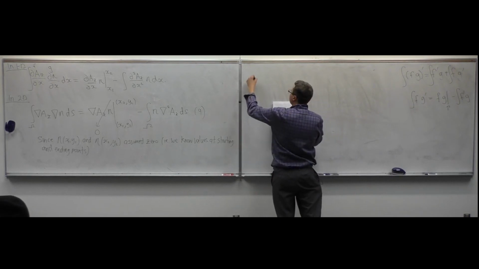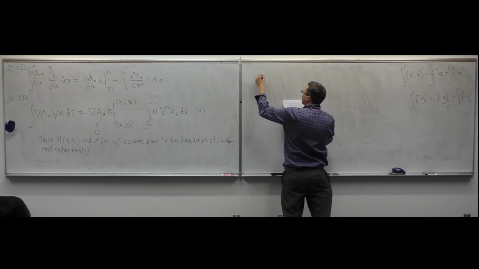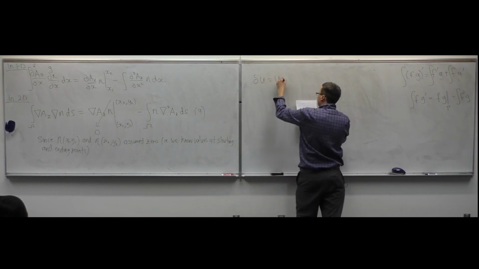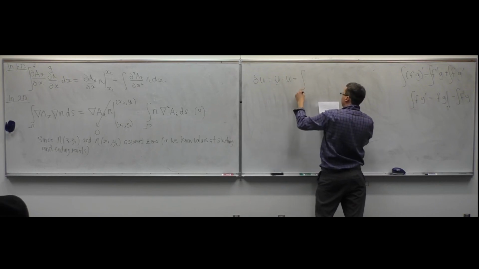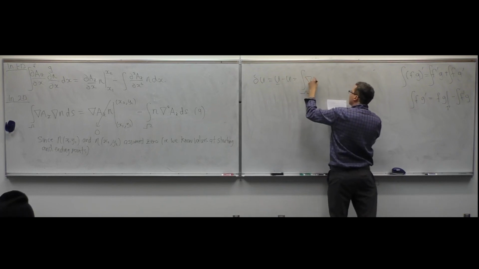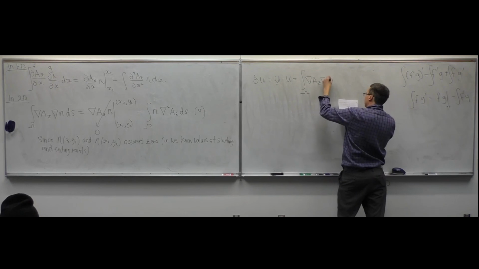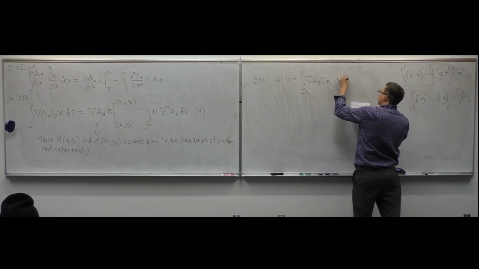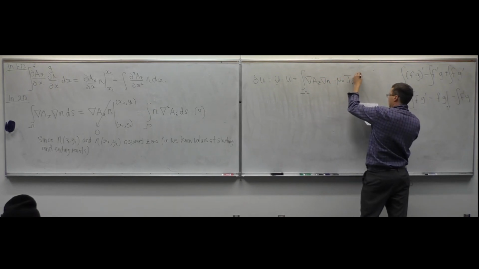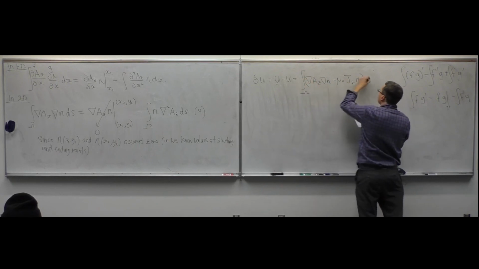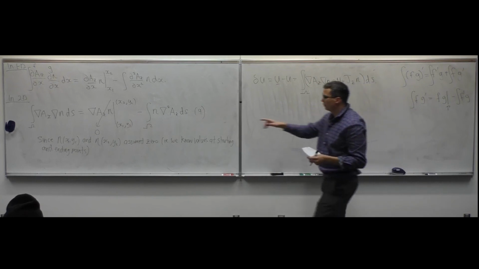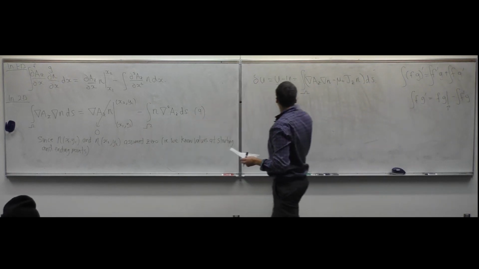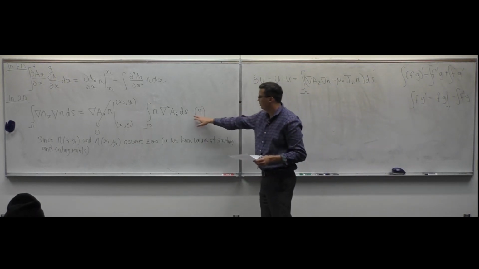So 7 was this variation. So this was 7. We can replace the first term with the second term in 9.